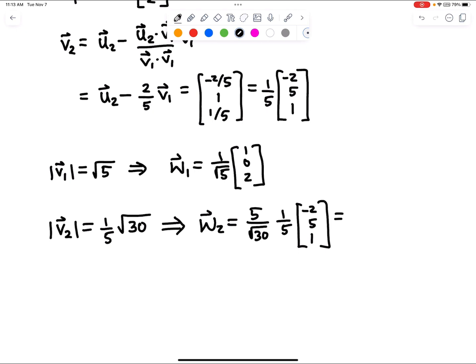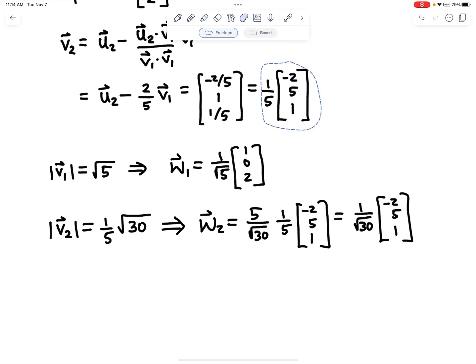The 1/5 and the 5 cancel, so we just get 1 over radical 30 times the vector -2, 5, 1. Notice we could have got this result simply by beginning with v2 and scaling it by 5. That gets rid of the 1/5 to create the vector -2, 5, 1, and then normalizing that vector instead. And that in one nice clean step would take you to this expression.